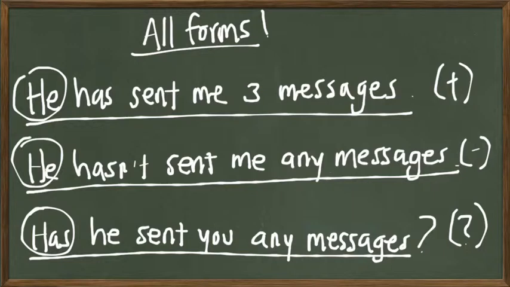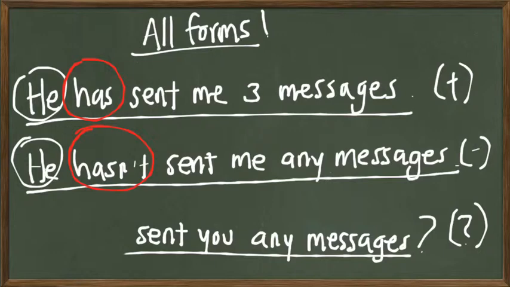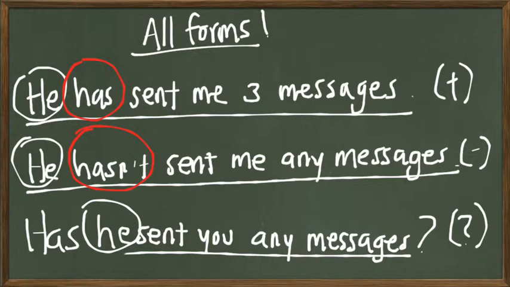We have our auxiliaries. Oh, I made a little mistake here. Let's correct it. Alright. Just give me a little second here. Has he. Alright, so this was, then again, our subject. This would be the auxiliary.